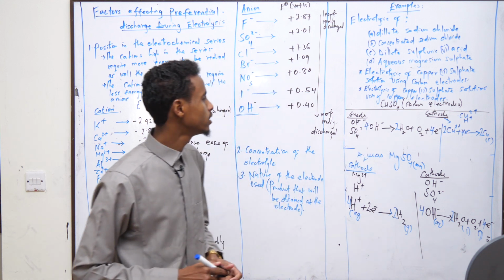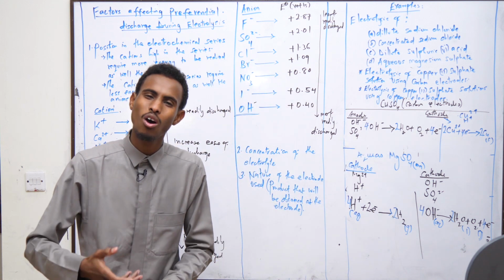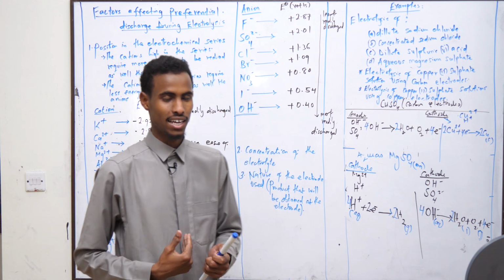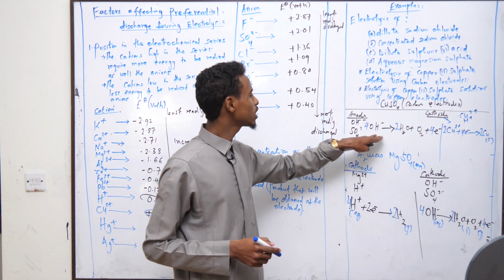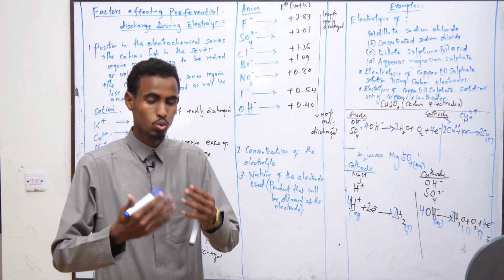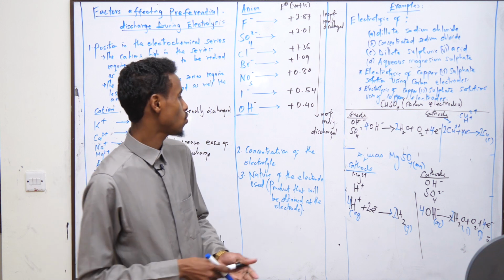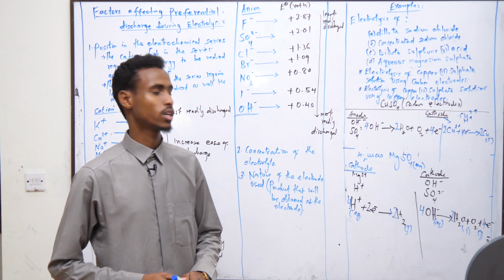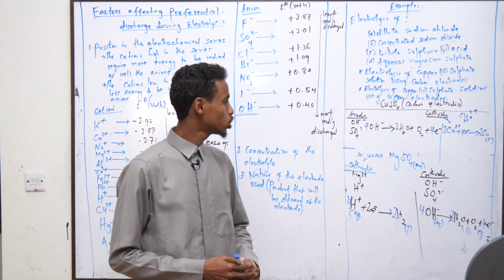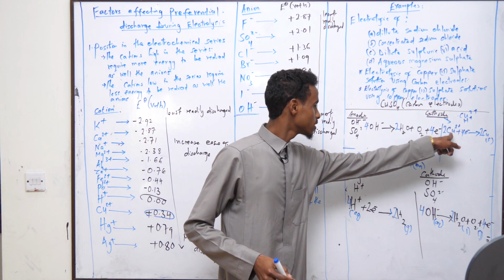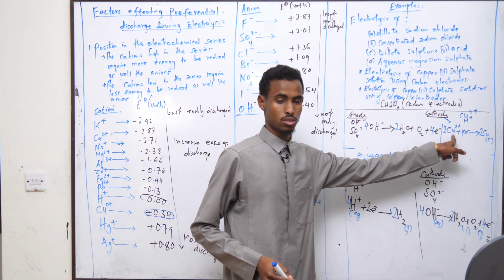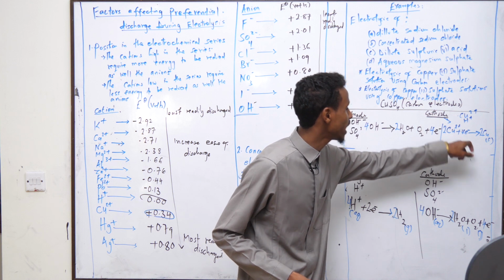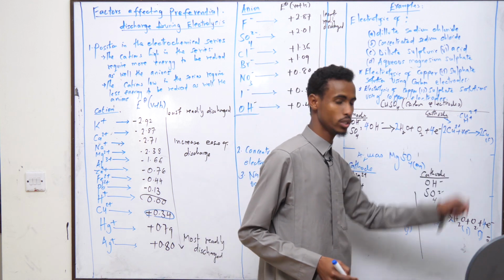Now, what will happen to the color of the solution? We know copper 2 sulfate solution is blue in color. As the electrolysis process continues, what will happen to the blue color of copper 2 sulfate? The blue color fades, or the color becomes pale, showing that these ions undergo reduction and form copper solid.